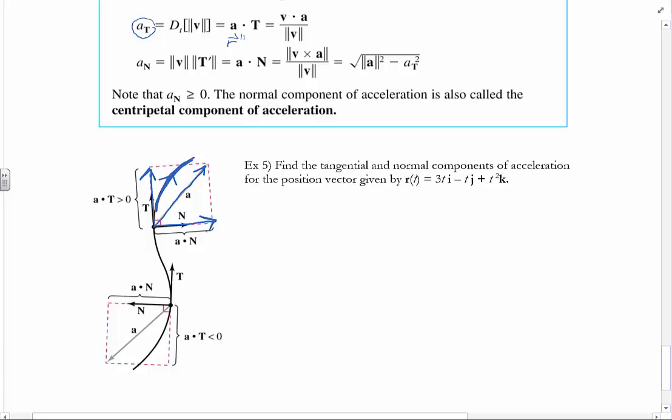T and N are unit vectors, so a dot N is the length of this. A dot T is going to give you the length of that, and then together they make a.